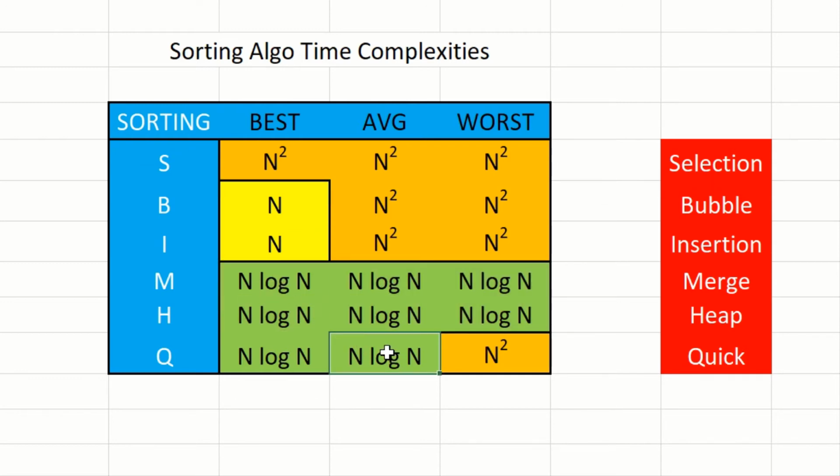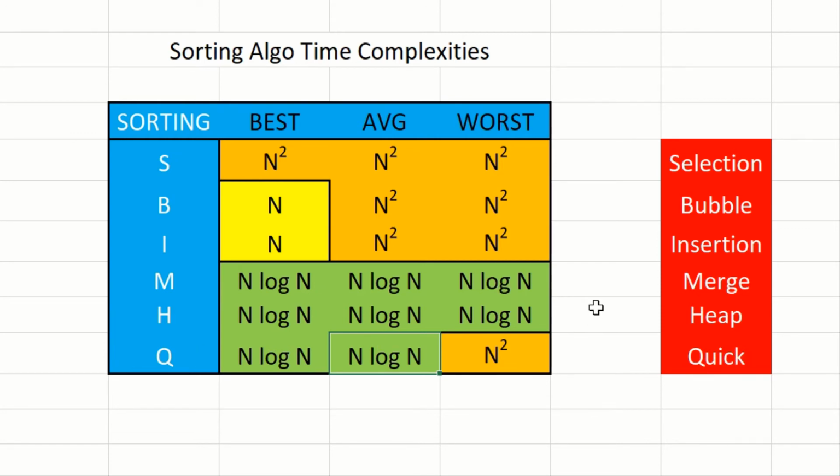It will help you remember the time complexity of the sorting technique. Here S is selection sort, B is bubble sort, I is insertion sort, M is merge sort, H is heap sort, Q is quick sort.